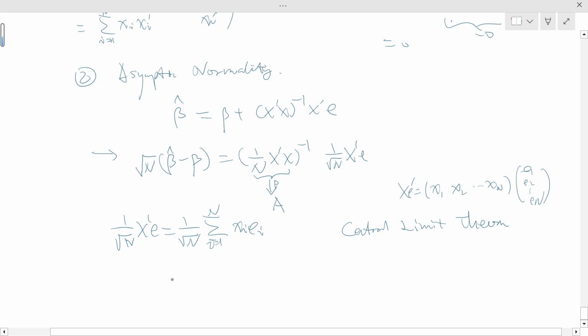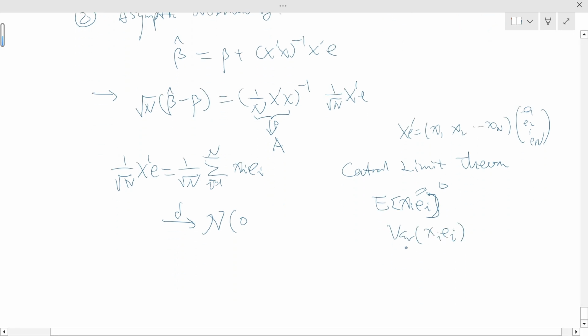This says that this converges in distribution to a normal random variable with mean E of xi ei, which is 0 by our assumption, and variance of xi ei. Let's calculate what this variance is.